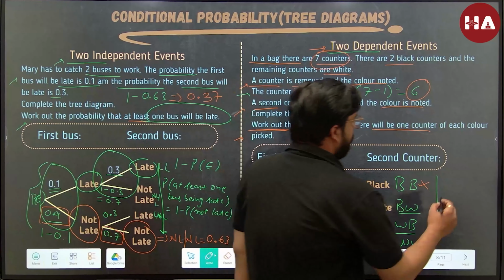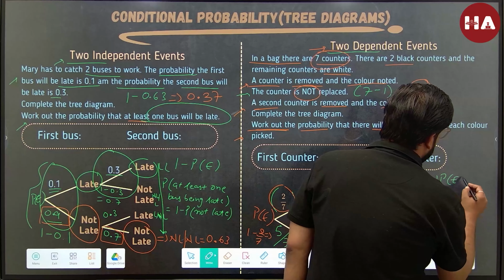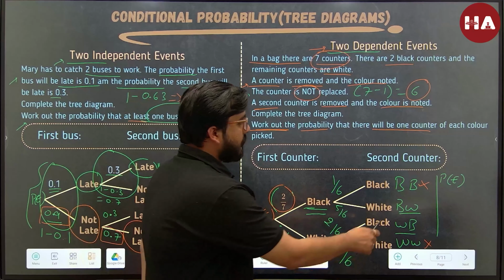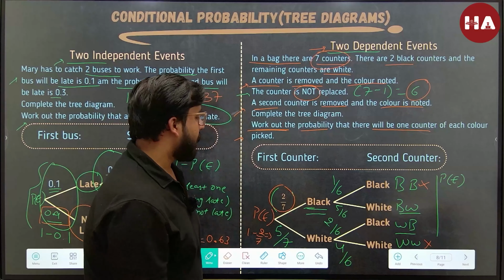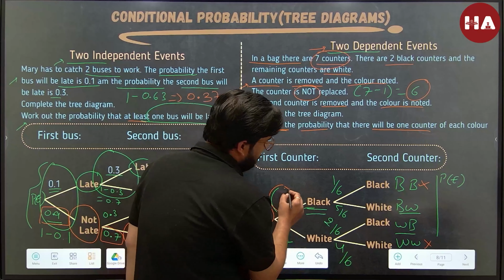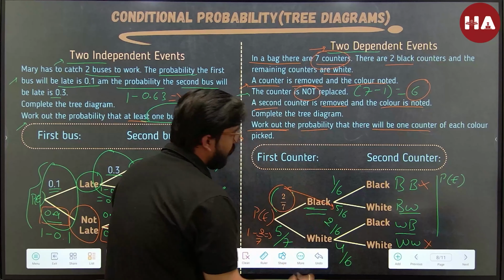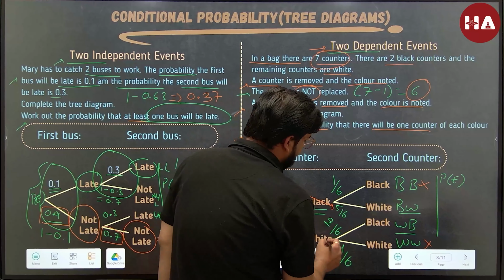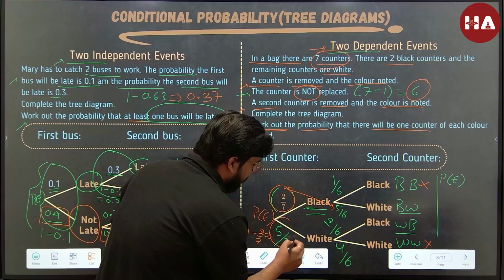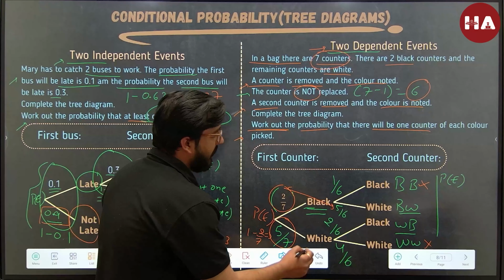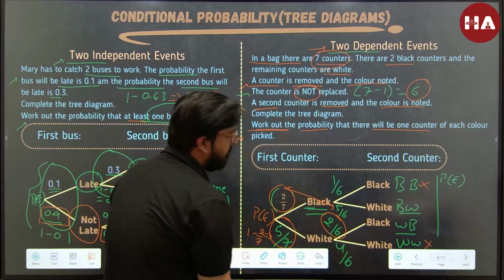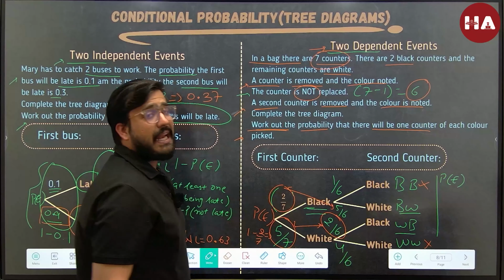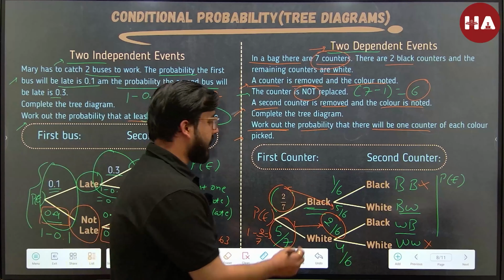The probability of black and white, you can just multiply these both and formulate your answer. Similarly, for the second case, I'll multiply the white probability and the black counter probability, and add the final probabilities.